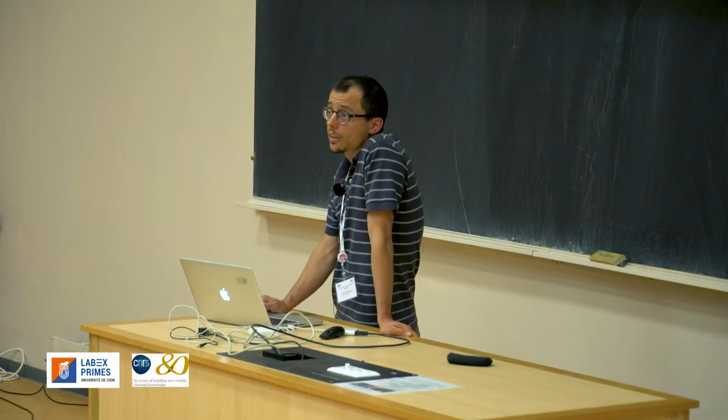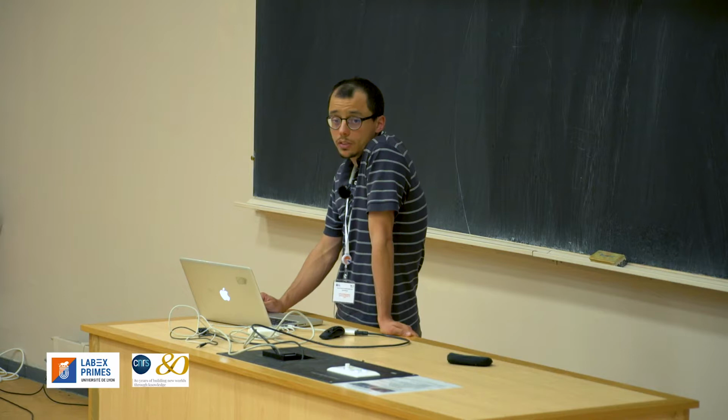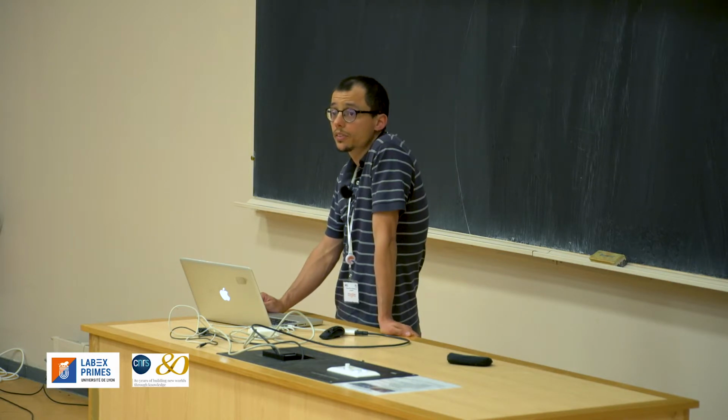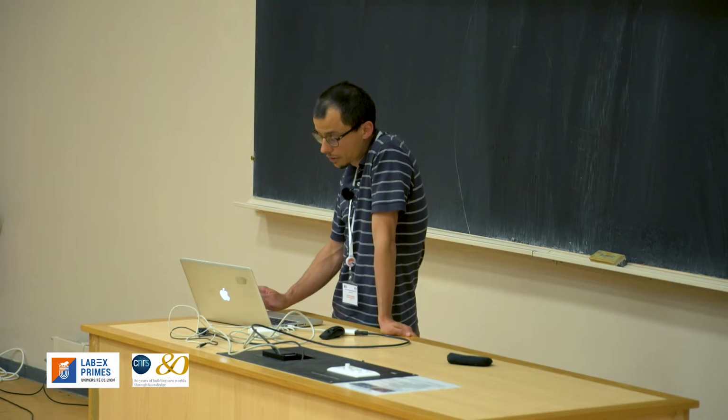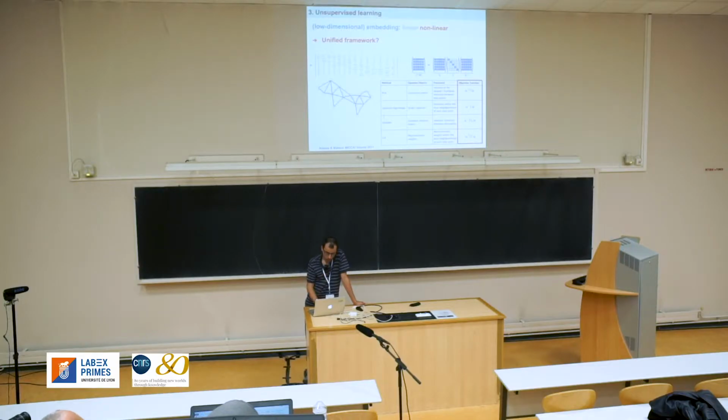So as there are many algorithms, did people investigate the similarities between these algorithms? Is there a unified framework for this? Actually, yes. So you see that all of them are interested in building a graph between the samples, my input samples, a graph with different weights across the edges.